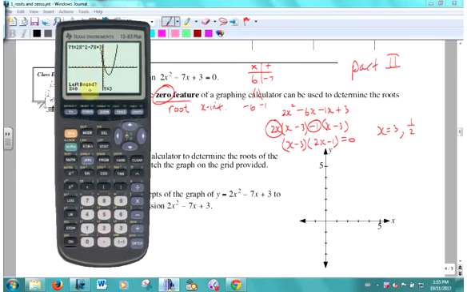It says left bound. I have to go, and that cursor has to be left of this 0. I'm going to do the left 0 first. I have to go left of here. This is left of it. Okay, hit enter. Now I got to move the cursor right of the 0. Okay, that's right of it.